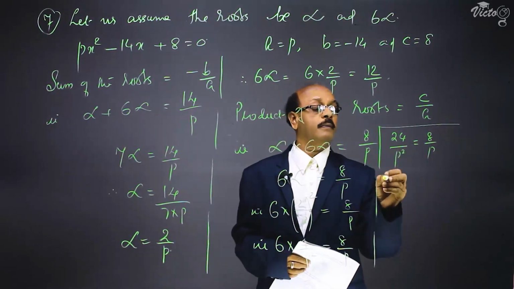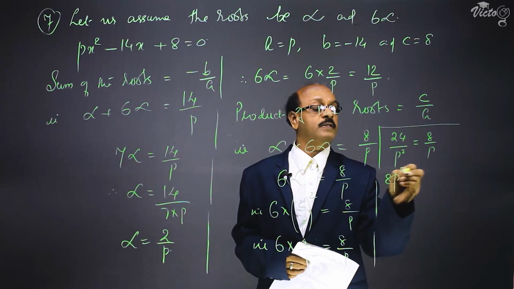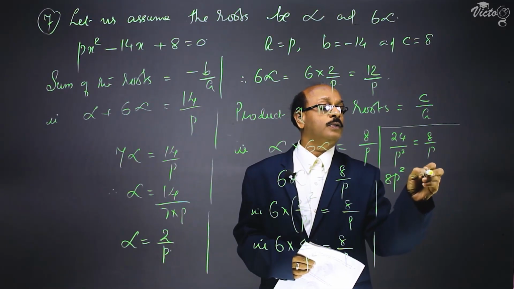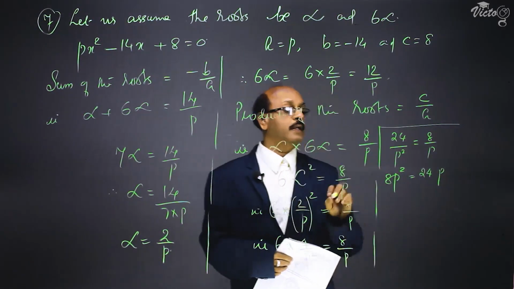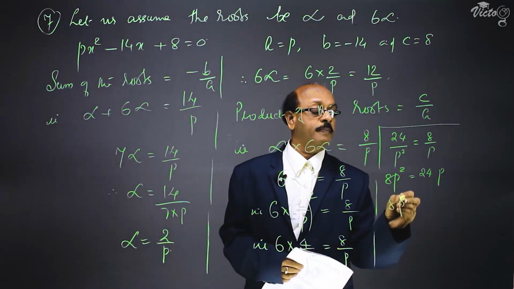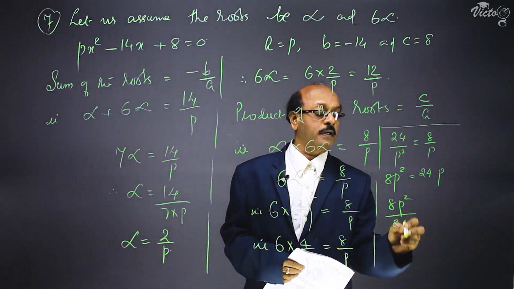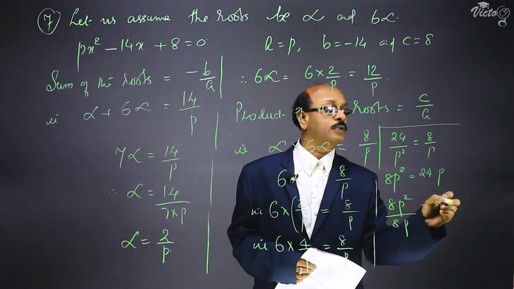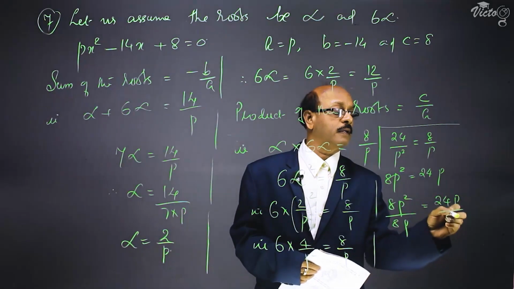Cross multiplying, 8p square is equal to 24p. Dividing throughout by 8p. 8p square divided by 8p. Here also 24p divided by 8p.